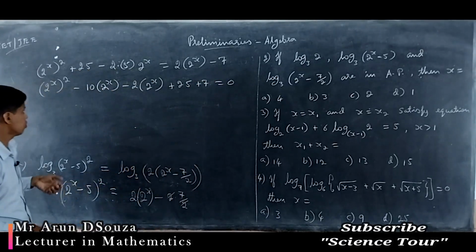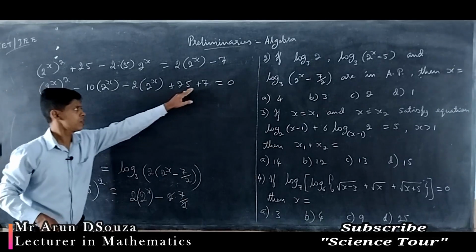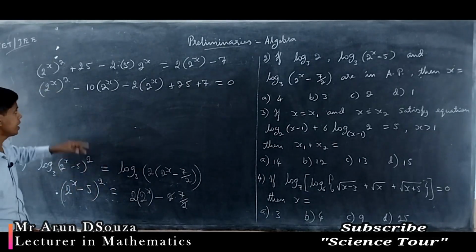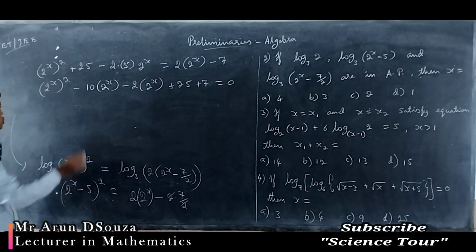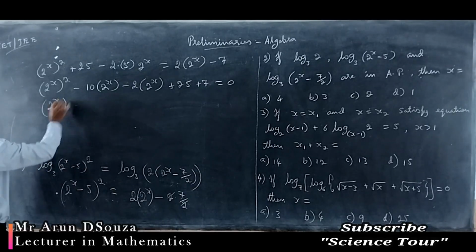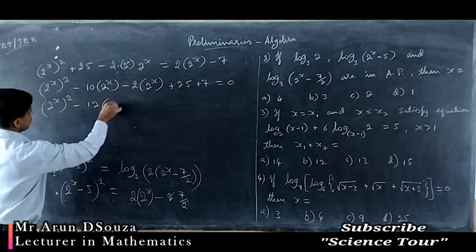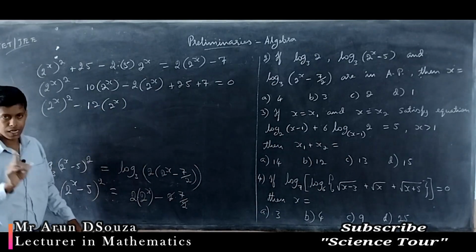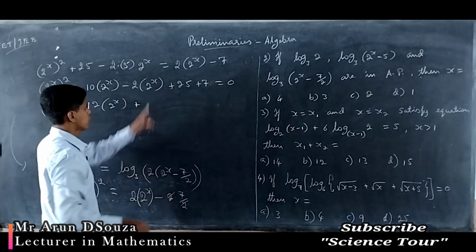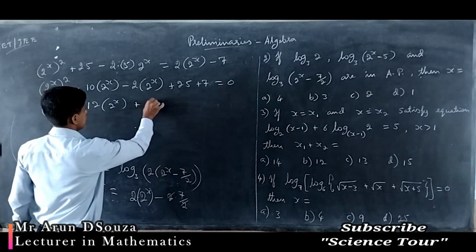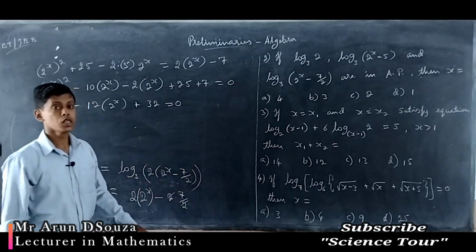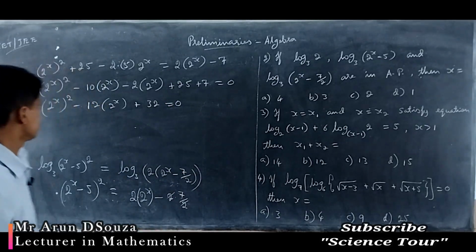Now these two things can be simplified. So minus 10 minus 2 will be minus 12. So this is minus 12 times 2 raised to x, plus you have 25 plus 7, which is 32.